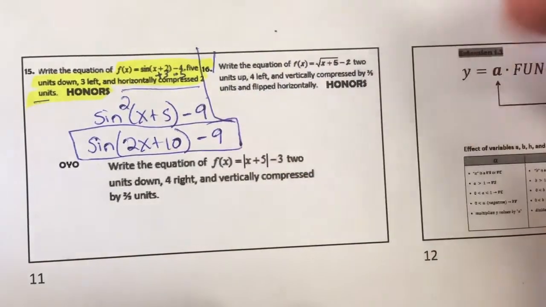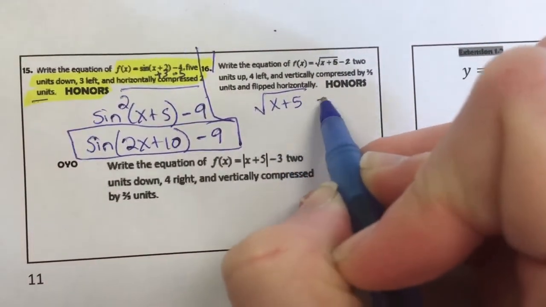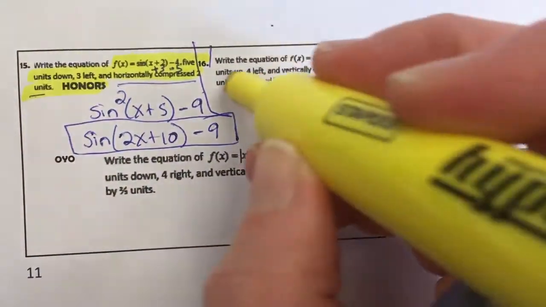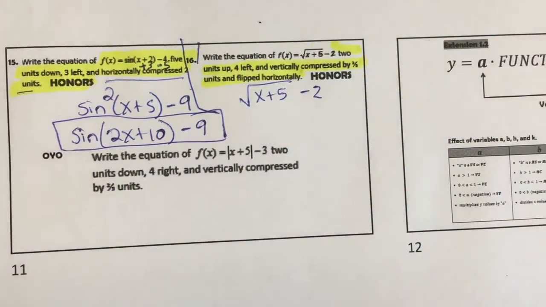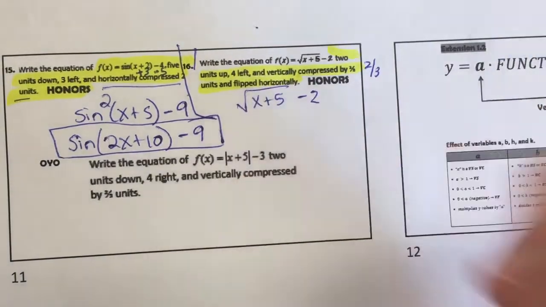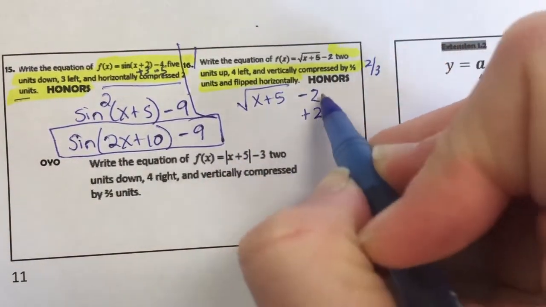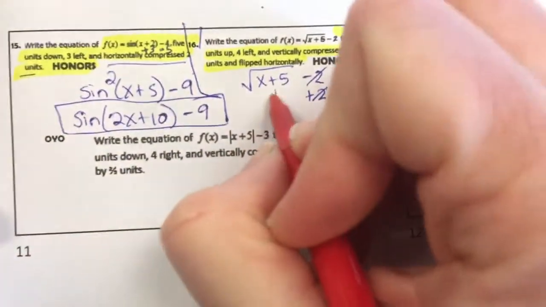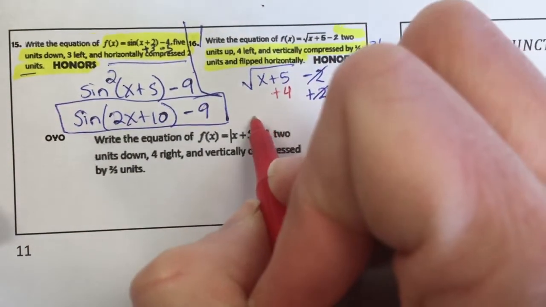when you're doing the transformations. All right, here we have a square root function, x plus 5 and then the minus 2. We need to go 2 units up, 4 left, and vertically compress by 2/3, and flip horizontally. All right, so let's do the 2 units up, so that would add 2 there. Those would cancel. 4 left would be a plus 4 here. Vertically compress by 2/3.